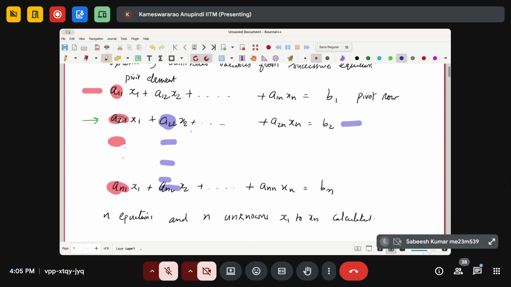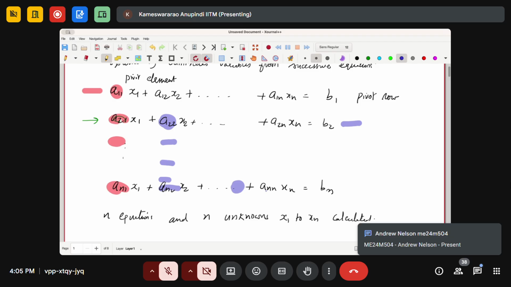Okay, and so on and so forth until you reach the last but one row, which is the n-1th row, in which you would just make this element 0. Then you're left with only one non-zero quantity, that is ann xn, a modified value of ann xn, which will remain.